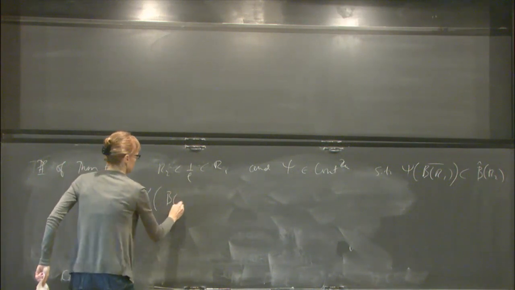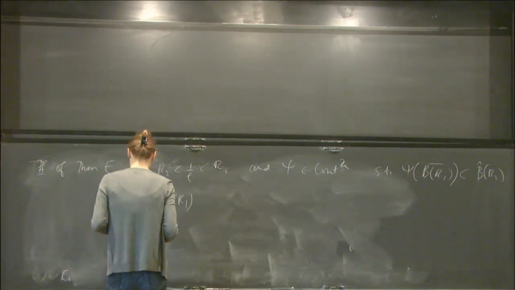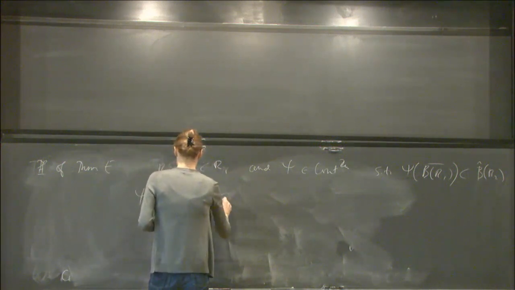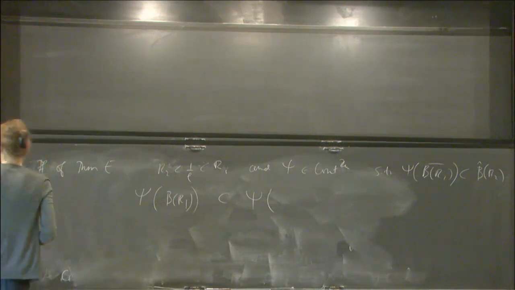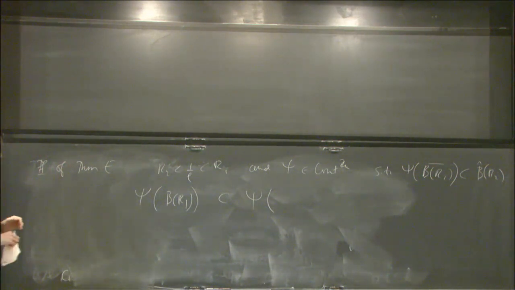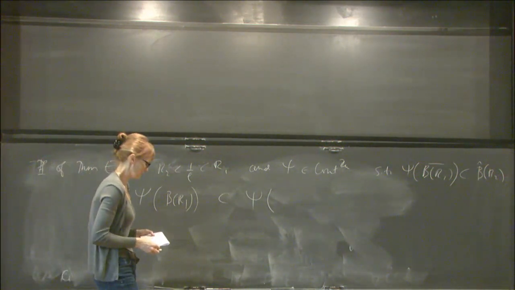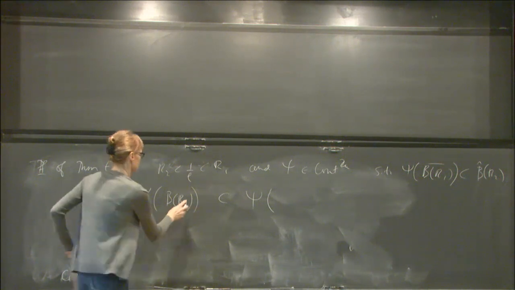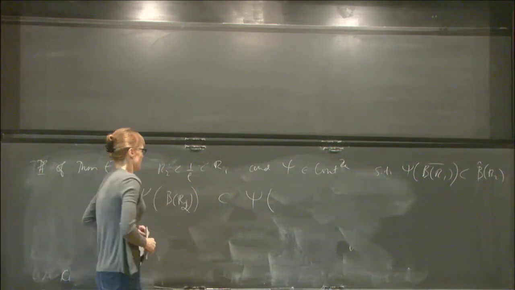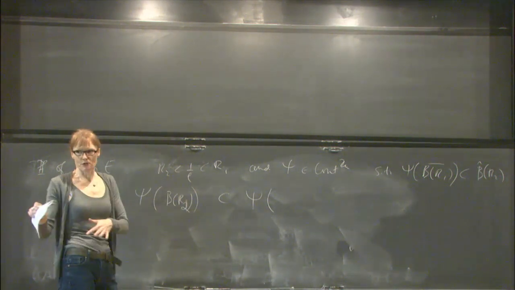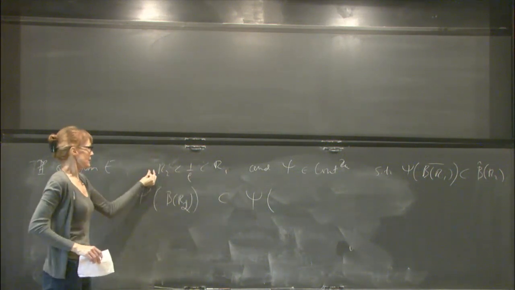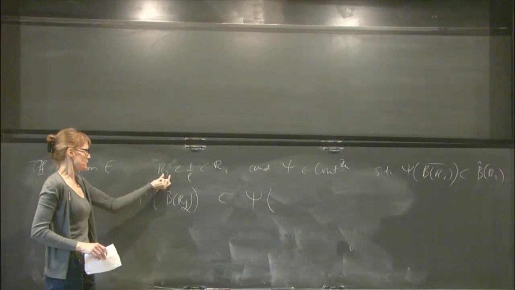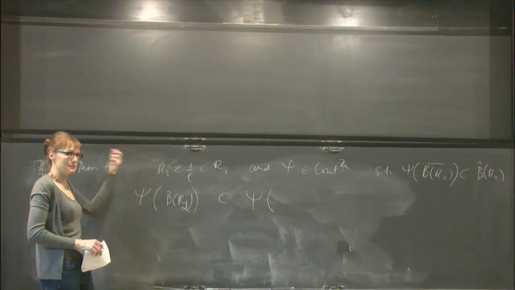Let's draw these groups here. Hat BR1 is contained in. So because, sorry, I want to do R2. We're doing a slightly different argument, but it's the same basic idea. If we've squeezed R1 inside R2, then psi has squeezed hat BR2 into something even smaller.